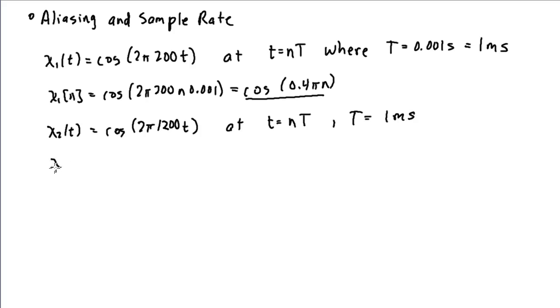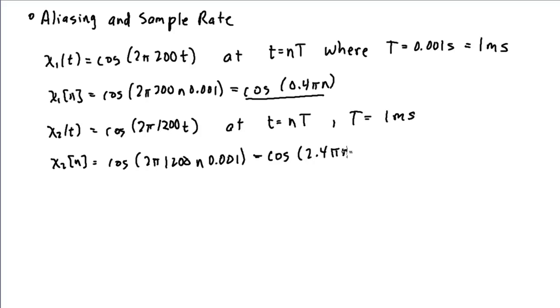Let's see what happens. So x2 of n would be cosine of 2 pi 1200 n times 0.001. So this would actually become cosine of 2.4 pi n.